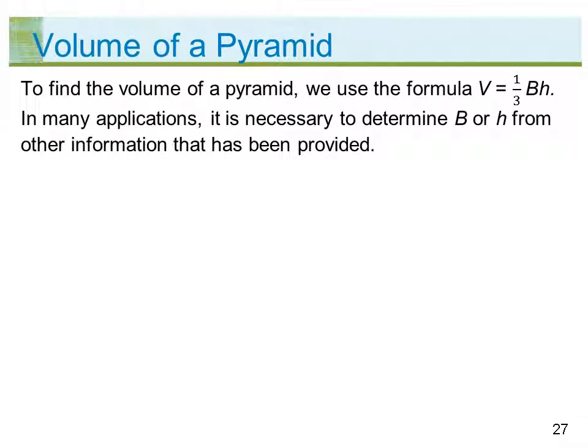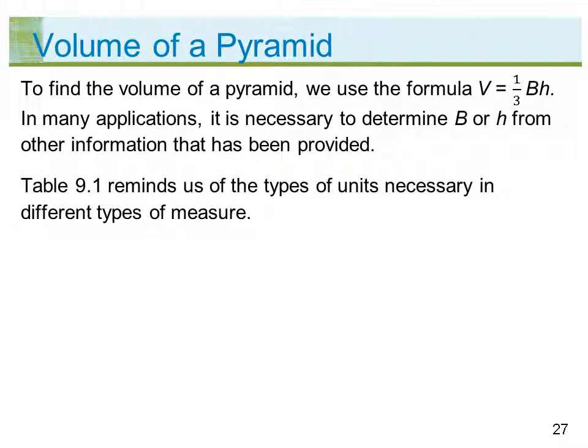To find the volume of a pyramid, we use the formula capital V equals 1/3 capital B h. In many applications, it is necessary to determine capital B or h from other information that has been provided. Table 9.1 reminds us of the types of units necessary in different types of measure.